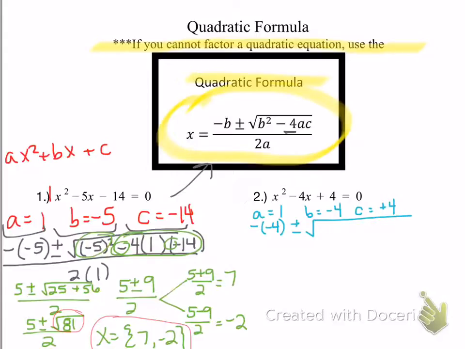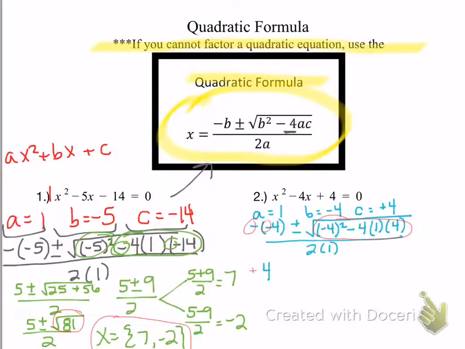My radical, first thing under the radical is my -4 squared. I'm subtracting my 4 and multiplying it by my A times C. All of that is over my 2 times 1. Your next step is to find what all this math under the radical is. We have a +4 because a negative times a negative gets us a positive.